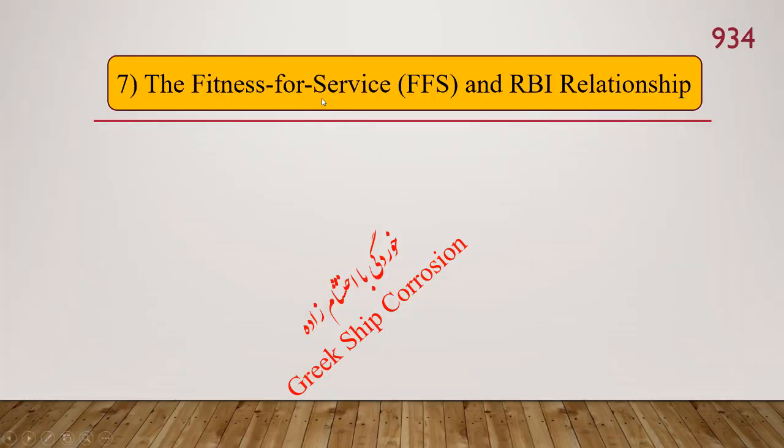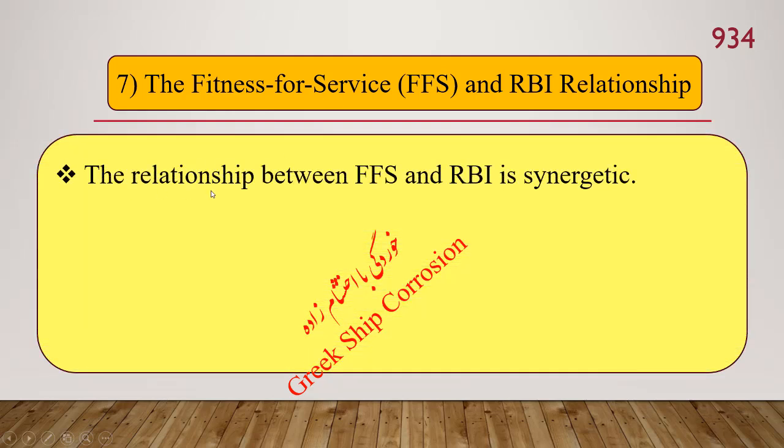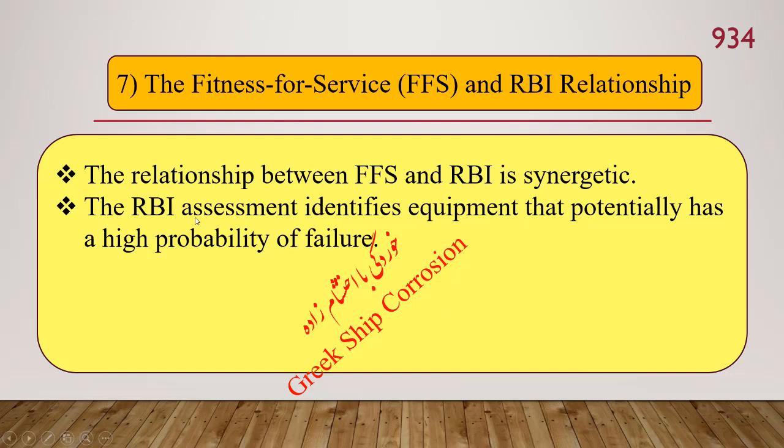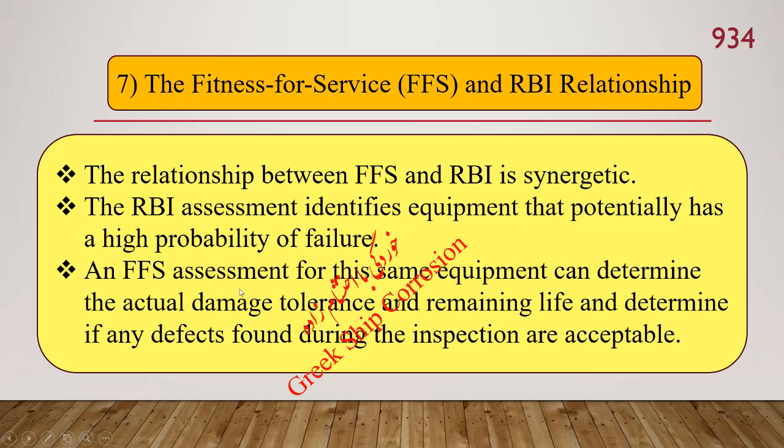7. The fitness for service and RBI relationship. The relationship between FFS and RBI is synergetic. The RBI assessment identifies equipment that potentially has a high probability of failure, and a fitness for service assessment for this same equipment can determine the actual damage tolerance and remaining life and determine if any defects found during the inspection are acceptable.